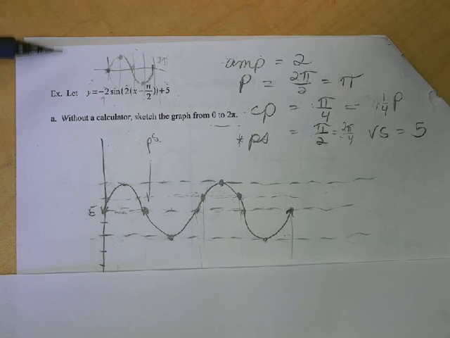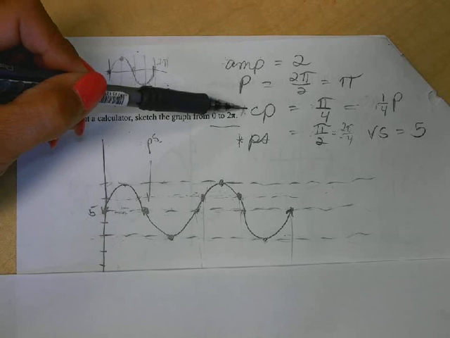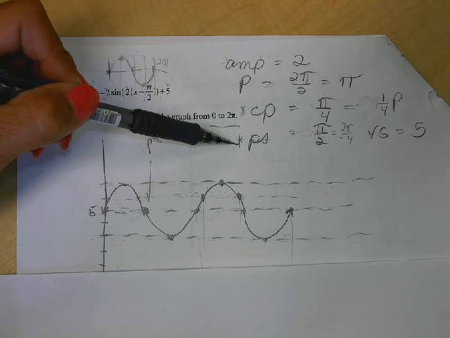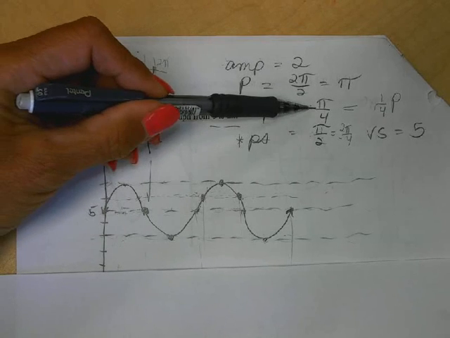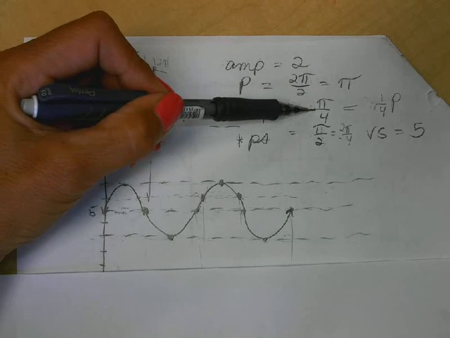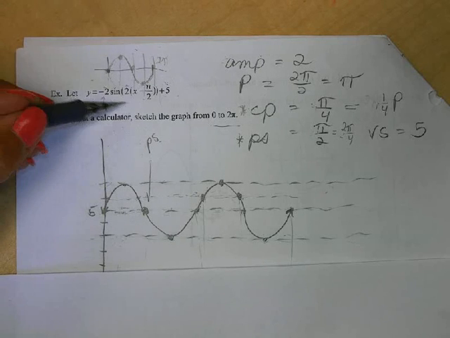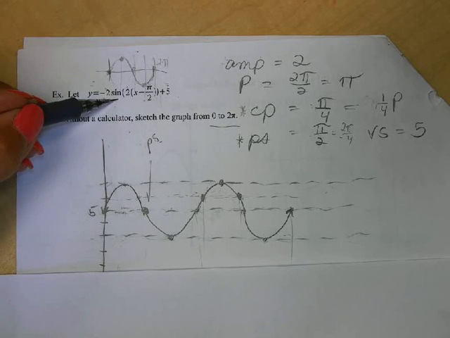I move over a 1/4 of a wave, I'm to a low. I move over a 1/4 of a wave and I'm back to a middle. So we want to take the period divided by 4, or 1/4 of the period, and determine how far it will be from my first phase shift to get to my next critical point. And so 1/4 of the pi is this pi over 4.